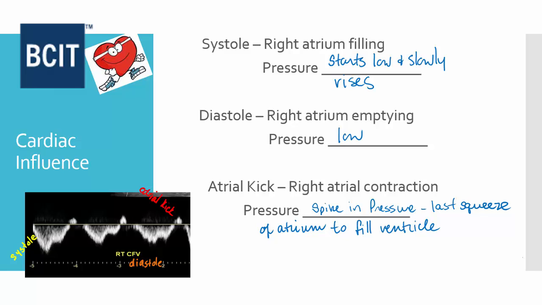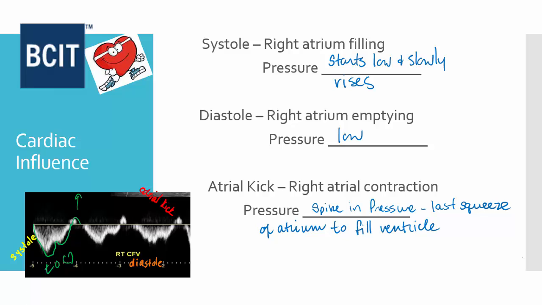This is seen at the common femoral vein. So we have this systole, we have this filling of blood into the right atrium, essentially, is what's happening. So this is to the heart. Then we have diastole, and then we have this little spike in pressure, atrial kick.